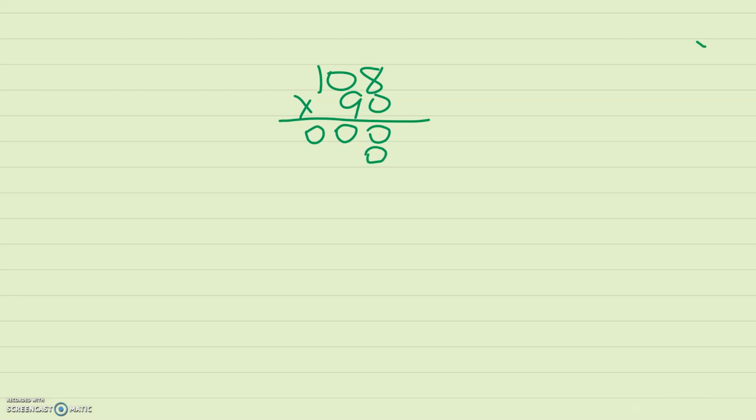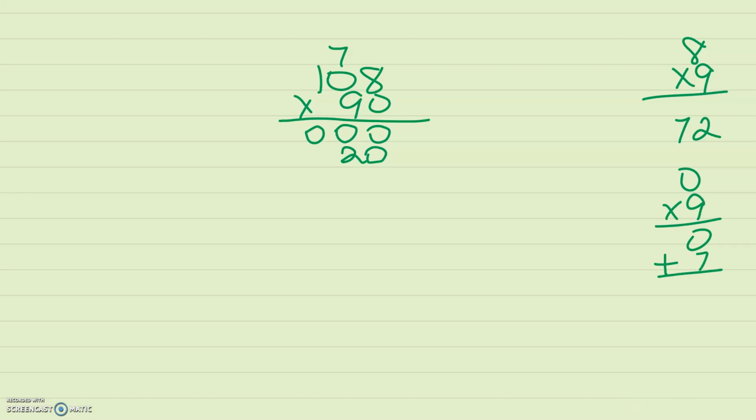Okay, and then we do 8 times 9 is 72. So we write down our 2 and regroup our 7. 0 times 9 is 0, plus the 7 that we regrouped. One times 9 is 9.